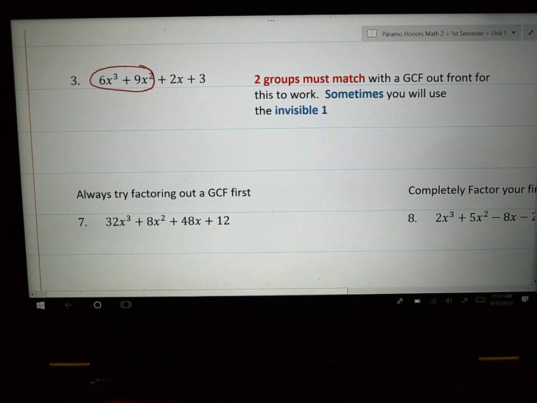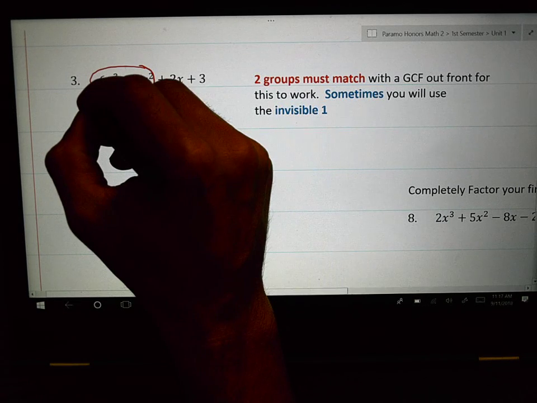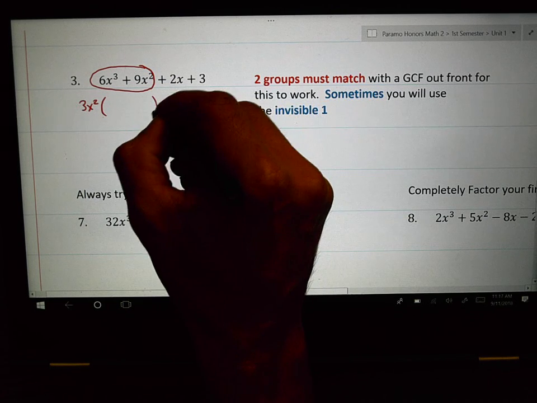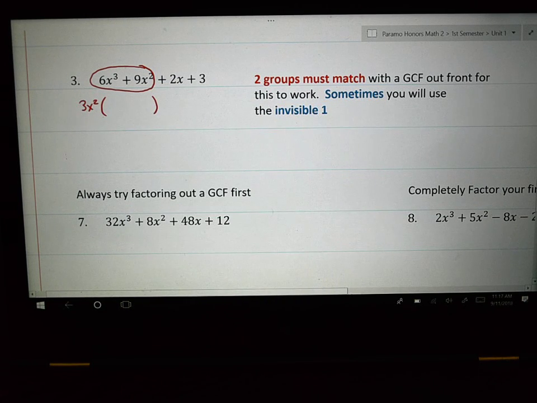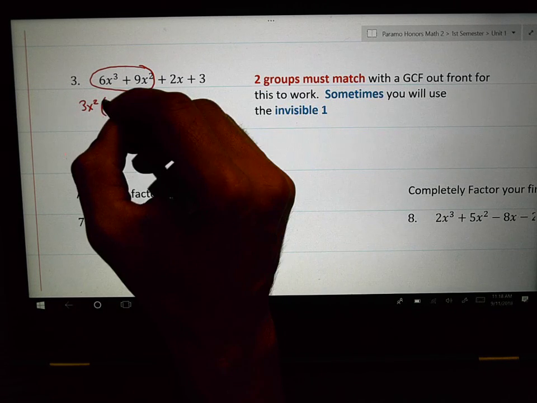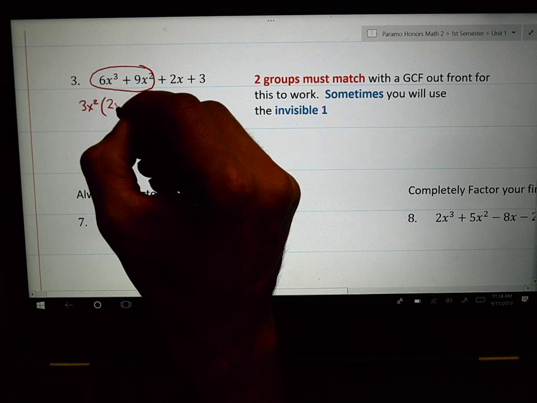And I'm going to look for a GCF of that group. If you know what the GCF is of those first 2 terms, please say it out loud. I heard a lot of people say 3x squared. Parenthesis. I'm going to put up parenthesis for this red group. If you know what goes inside the parentheses, tell me the first thing that goes in the parentheses. 2x, I believe.